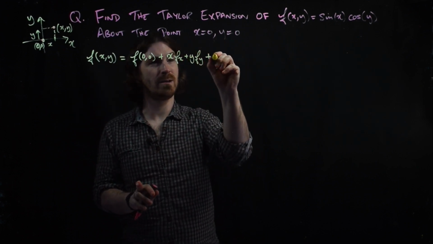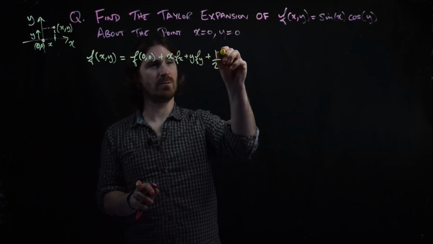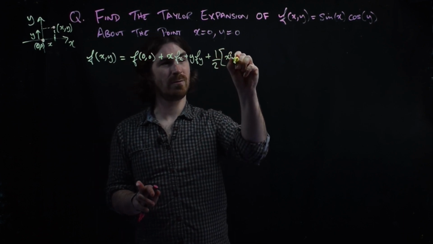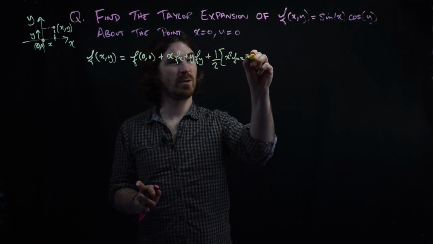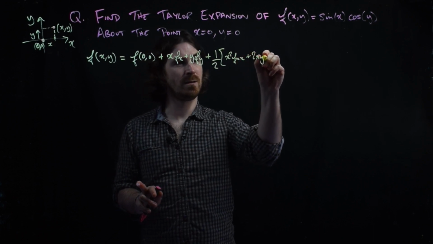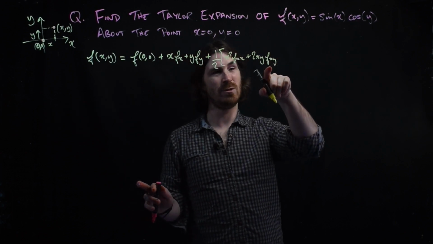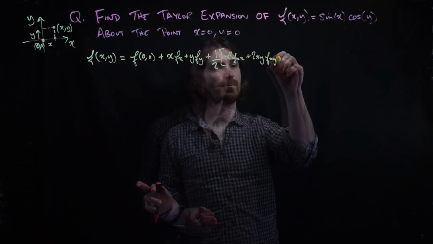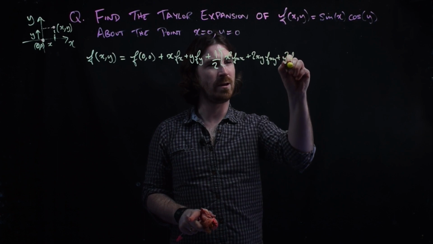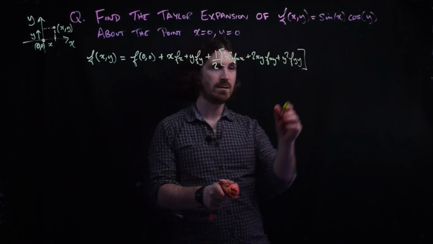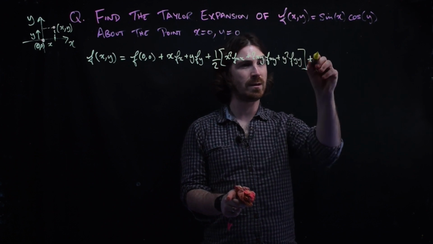Then we had second order derivative terms, and they had a factor of 1/2 in front. They looked like x squared fxx plus 2xy fxy, a mixed derivative, d2f by dx dy, plus y squared fyy. We're going to need more terms, so we need the next one.